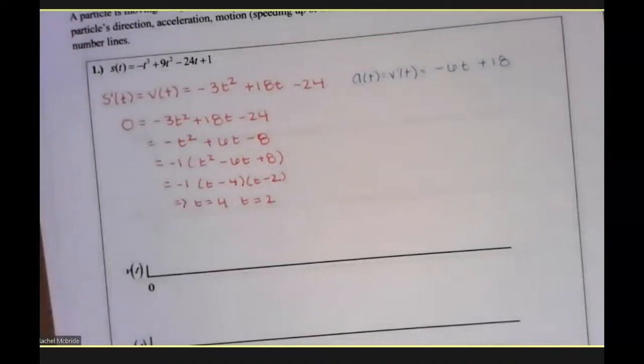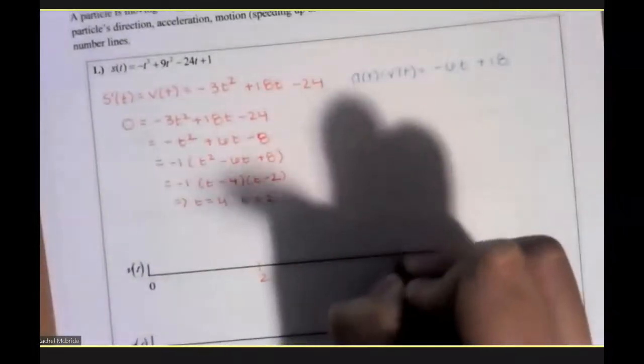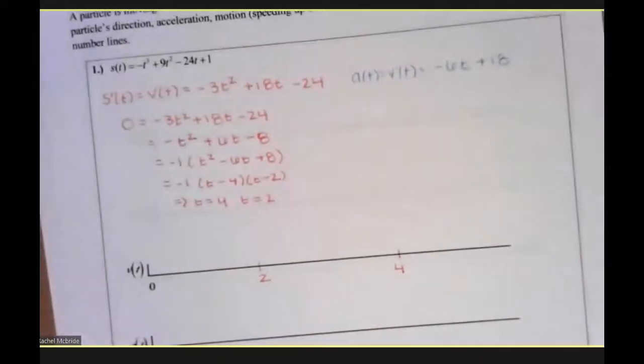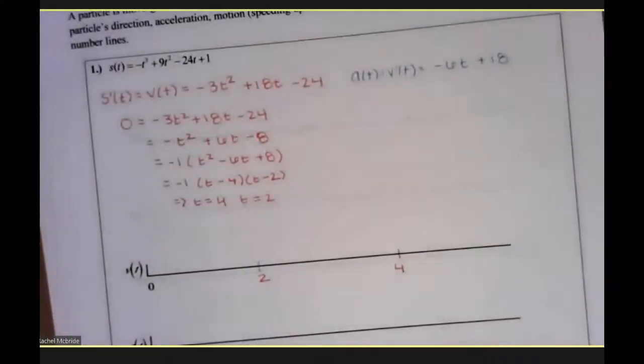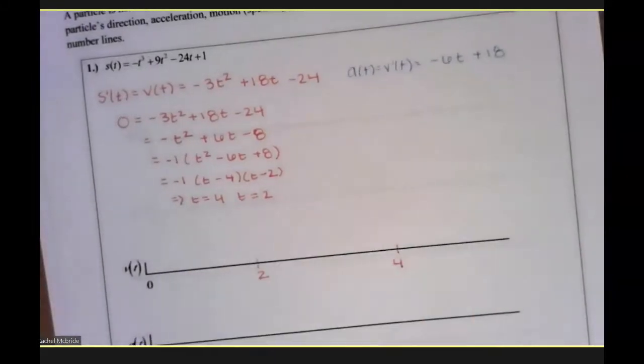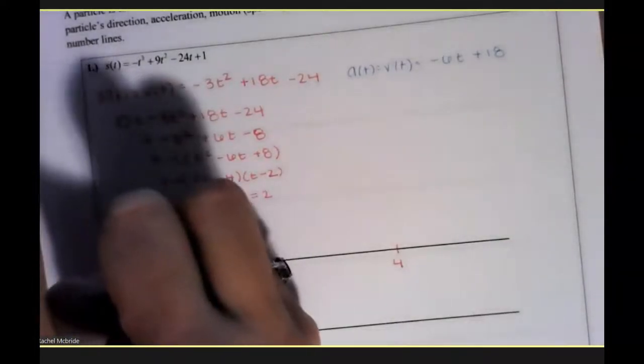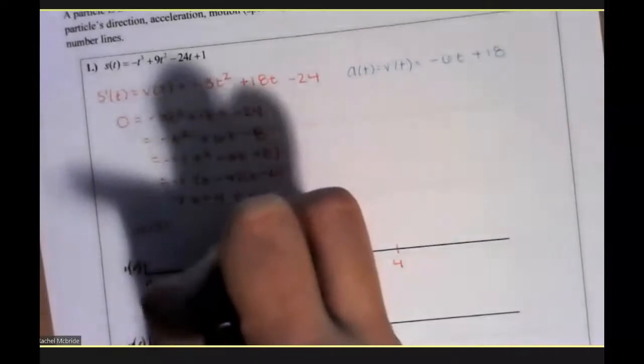So what that means is that the velocity changes direction at 2 seconds and 4 seconds. So those are considered key points. We'll know if it's moving left or right by finding out if the velocity is positive or negative between those key points. So we need to know what is v of 1, what is v of 3, and what is v of 5.